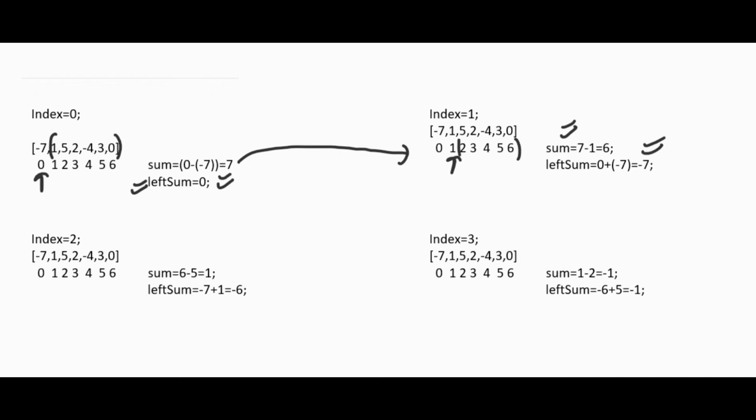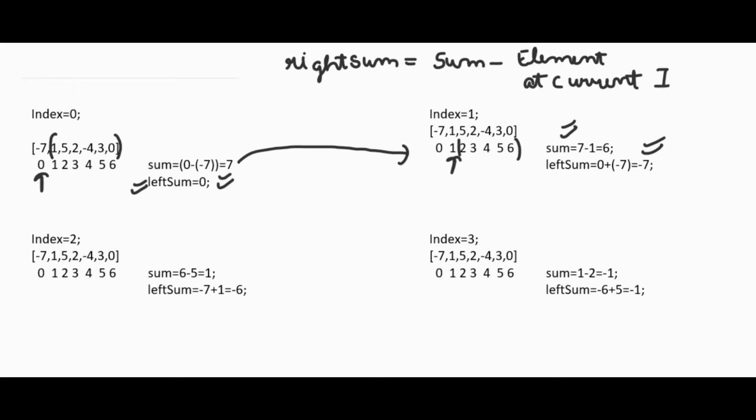So let's write the formula for this. Right sum for any element will be sum minus the element at the current index, right?